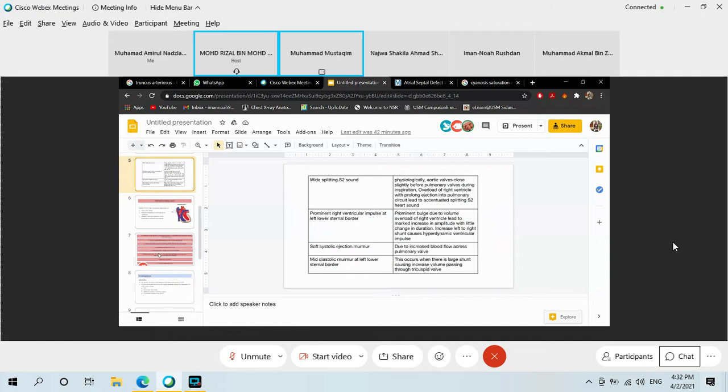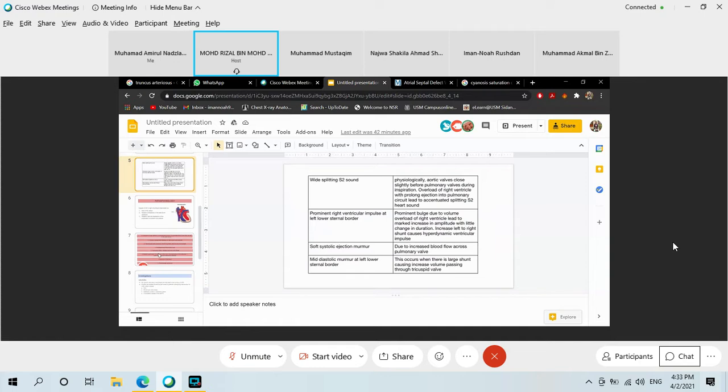But in ASD, dia punya karakteristik, dia punya term yang membezakan dengan normal people is the fixed splitting of the second heart sound. Because both inspiration and expiration, dia ada overload of the right ventricle. During inspiration is from the venous return, right side venous return; during expiration from the left through the ASD.